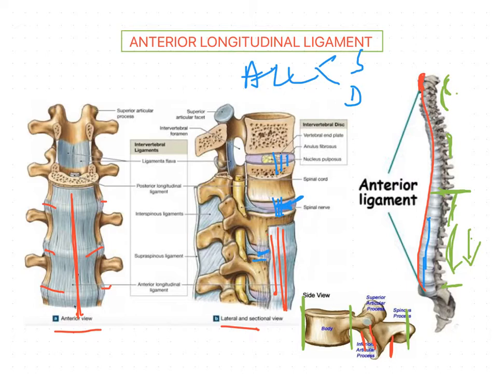So this is about the strength of this ligament. The posterior longitudinal ligament is also associated with the interbody joints, but if you compare the tensile strength of both, the anterior longitudinal ligament possesses two times greater tensile strength than the posterior longitudinal ligament.